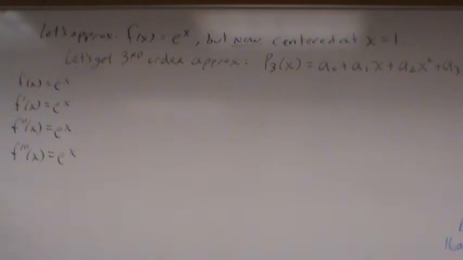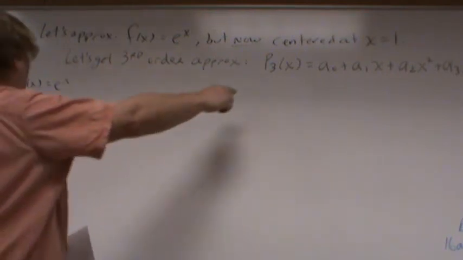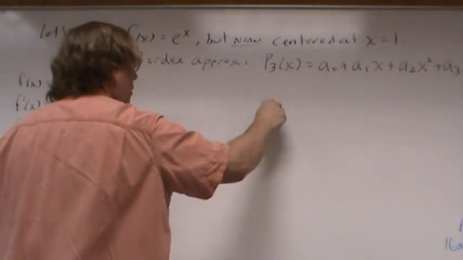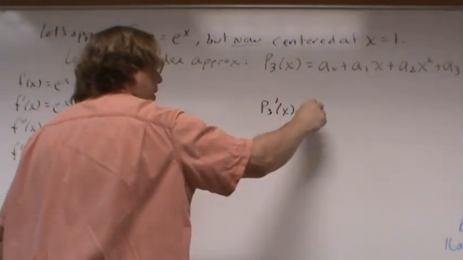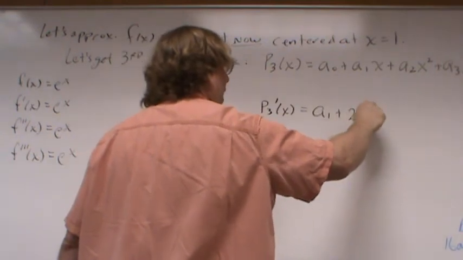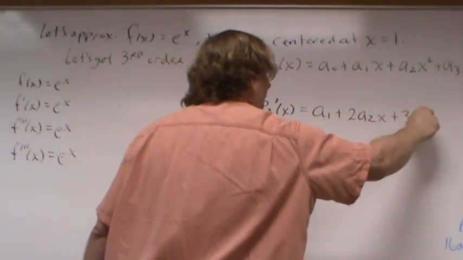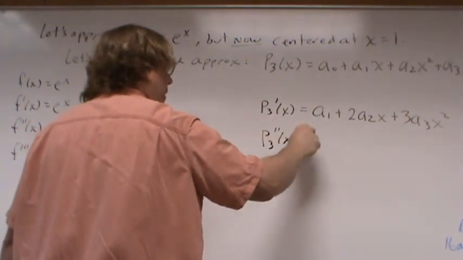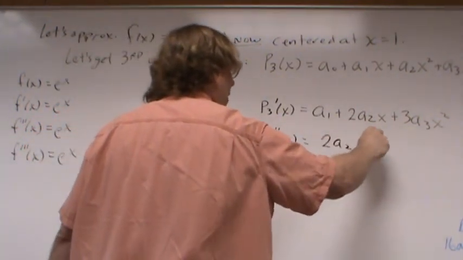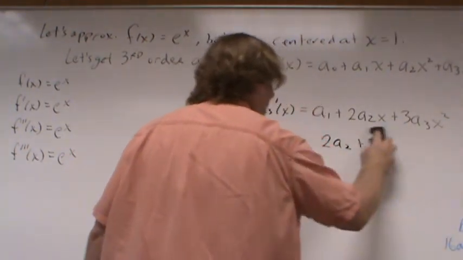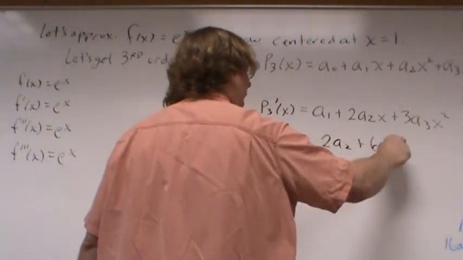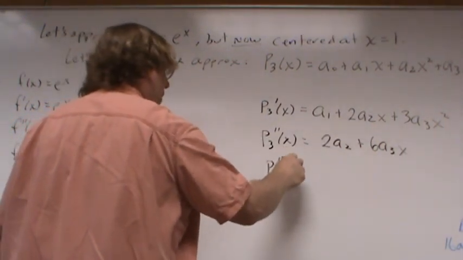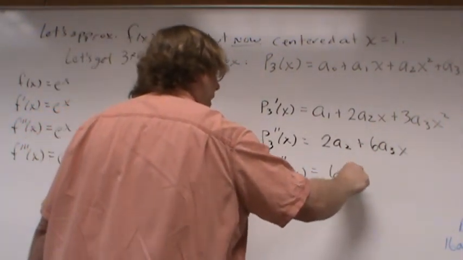And the same thing with the polynomial function. I've got P3 equaling this, and so P3 prime of x is going to be a1 plus 2a2x plus 3a3x squared, and the second derivative is going to be 2a2 plus 6a3x, right? And then the third derivative is going to be 6a3.